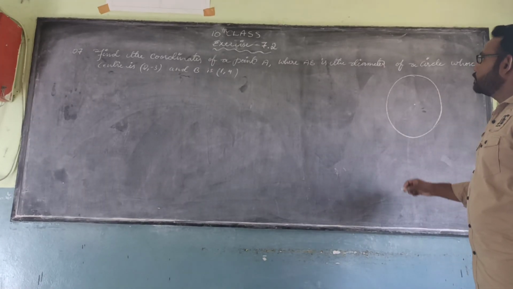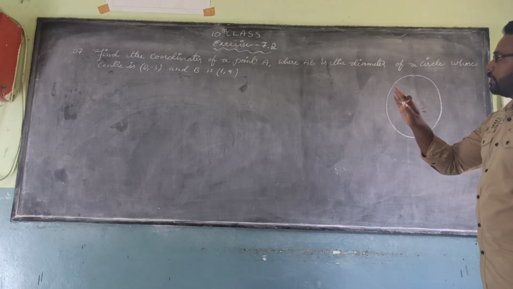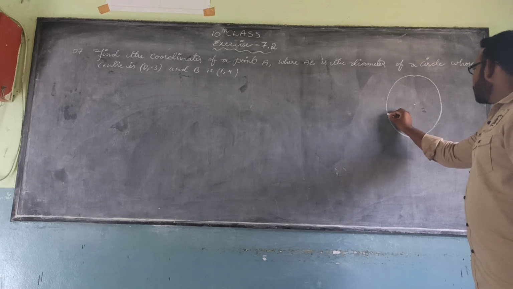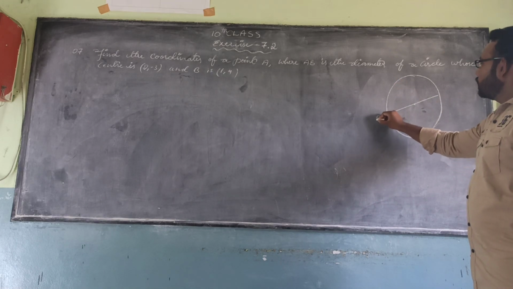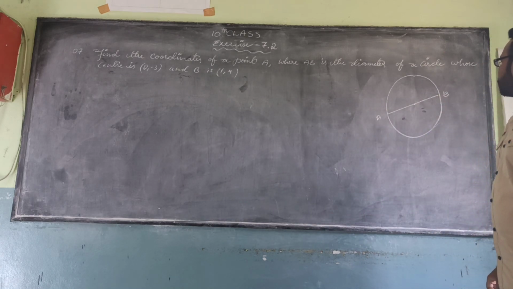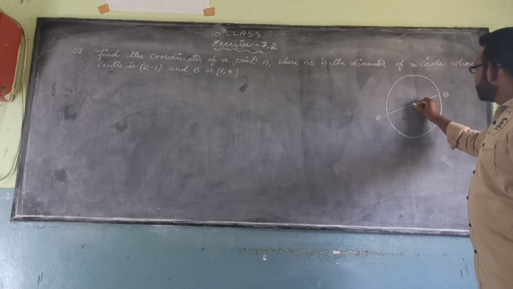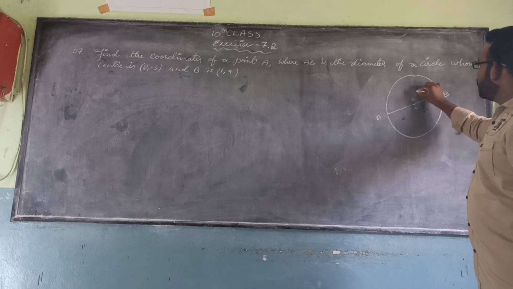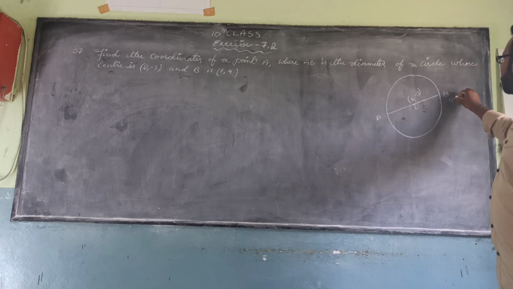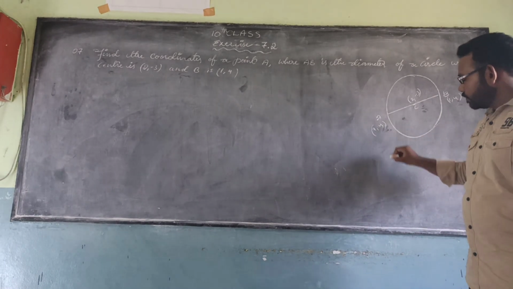AB is a diameter whose center C is (2, minus 3). Given that B is (1, 4), we have to find A's coordinates here.